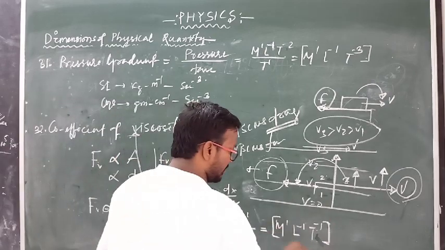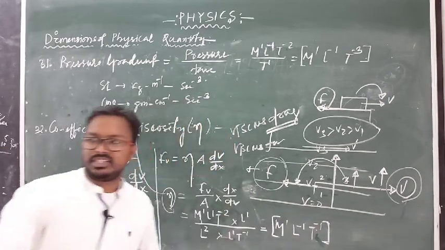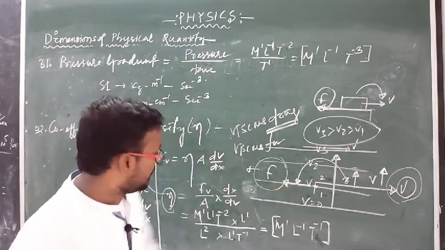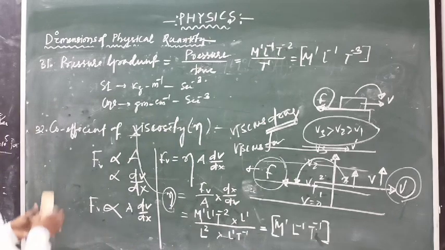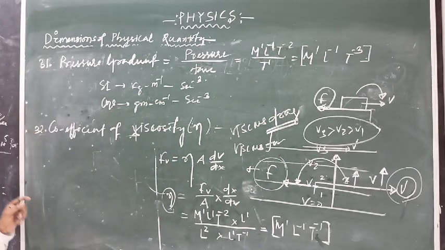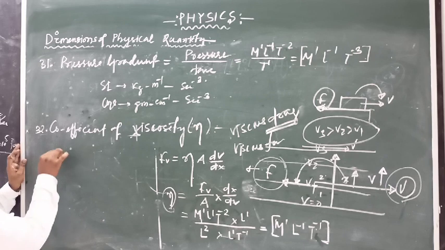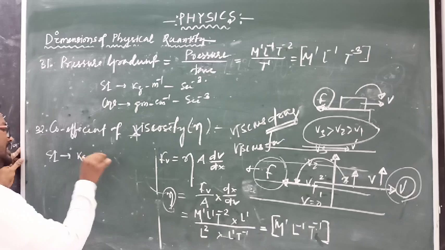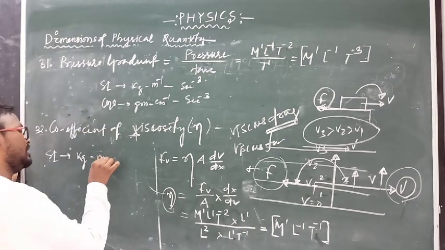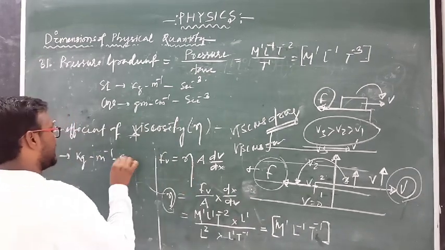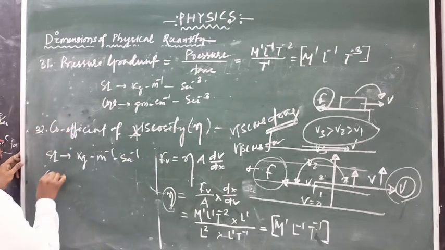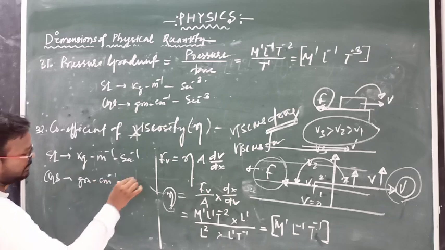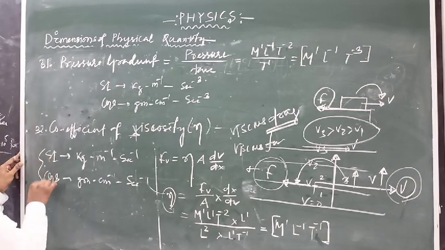You have to remember this formula: the dimensional formula of coefficient of viscosity is M1 L minus 1 T minus 1. Its SI unit is kg meter minus 1 second minus 1. In this way you can calculate the CGS unit, gram centimeter minus 1 second minus 1, clear?